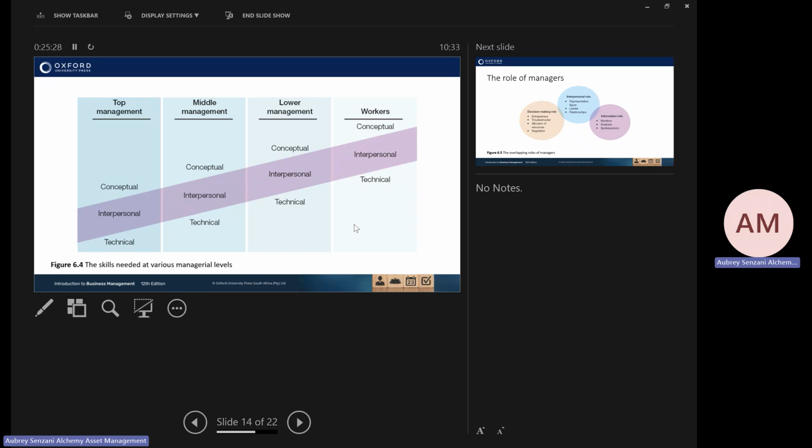And so if this was just top management, I'd still be able to see that I need more conceptual than interpersonal or technical within that role. But it also doesn't tell me how much more so in comparison to other roles. So this is why I say to me it's one diagram that is comparing the necessary skills and the level of depth with other roles.